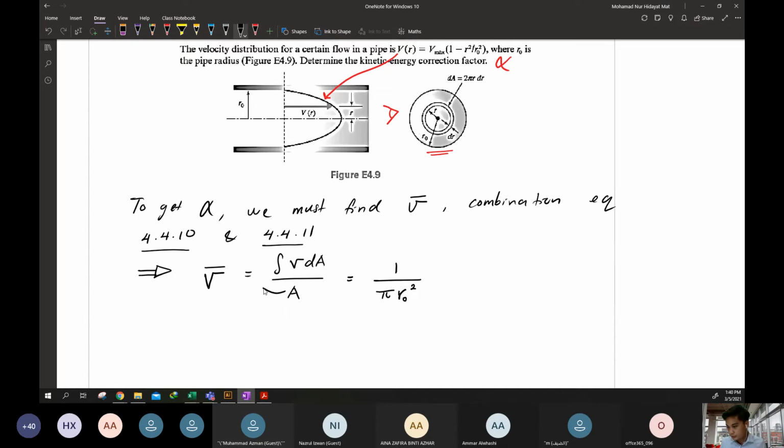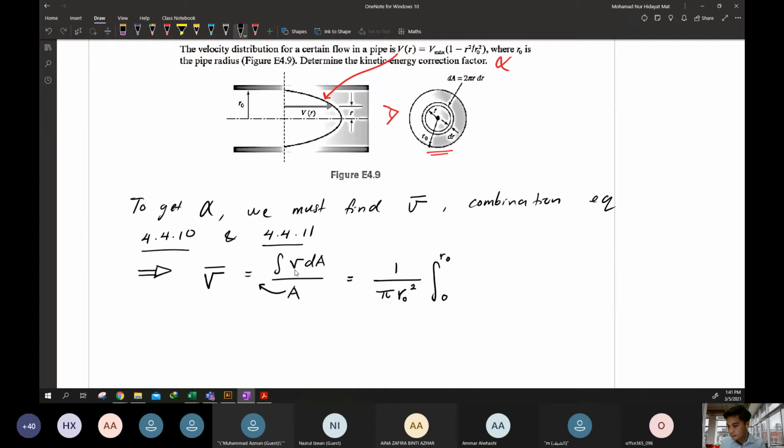We move this outside. Integration with respect to area, from 0 to r naught. You look at here, from 0 to r naught. We need to integrate from the center to the outer of the pipe, so that's why from 0 to r naught.